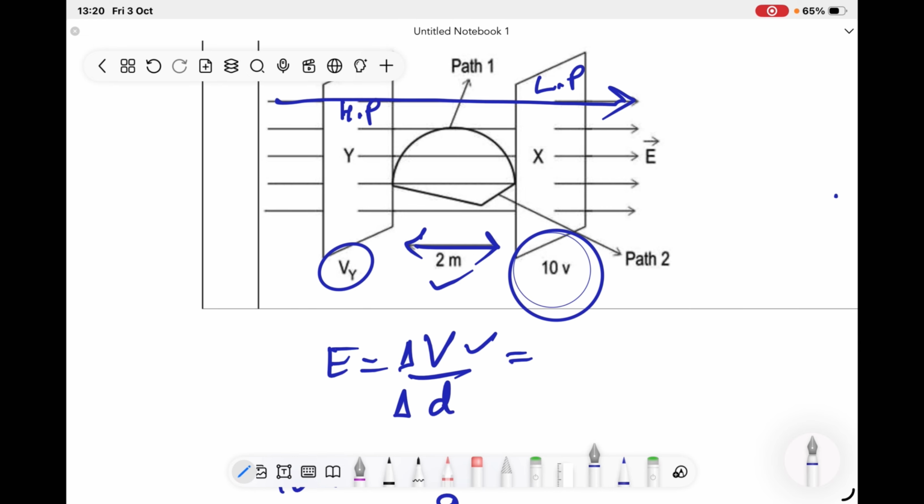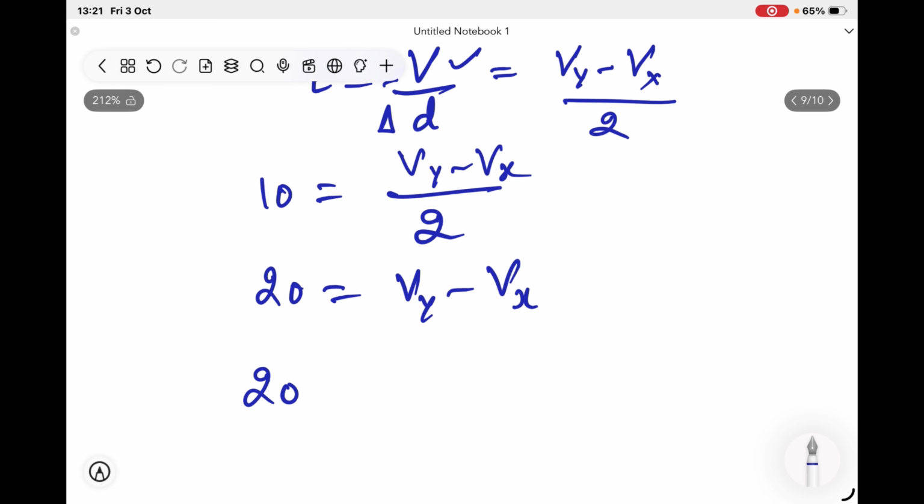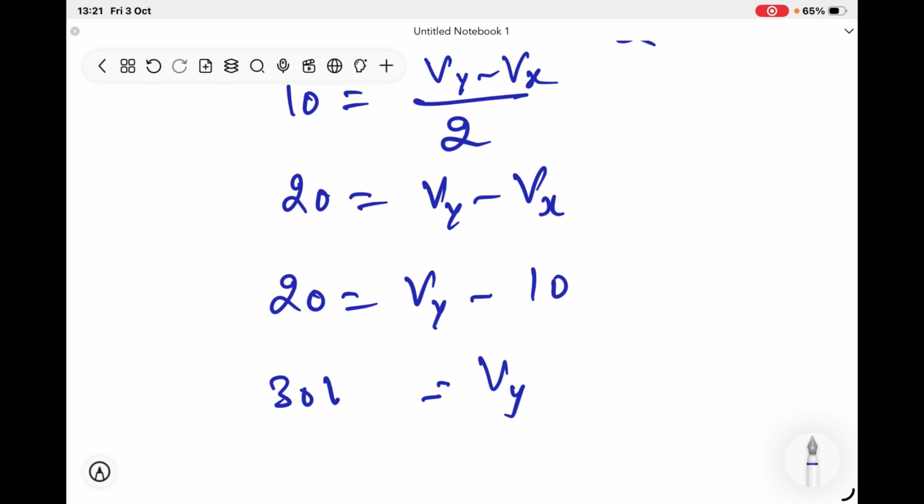Now my X is at lower potential, so I will write it as Vy minus Vx, and my separation is 2. So this is Vy minus Vx, and yes, now you can do it. 20 equals Vy minus Vx. And how much is Vx given to you? I think Vx has been given as 10 only, or whatever is given, so it is 30 volt.